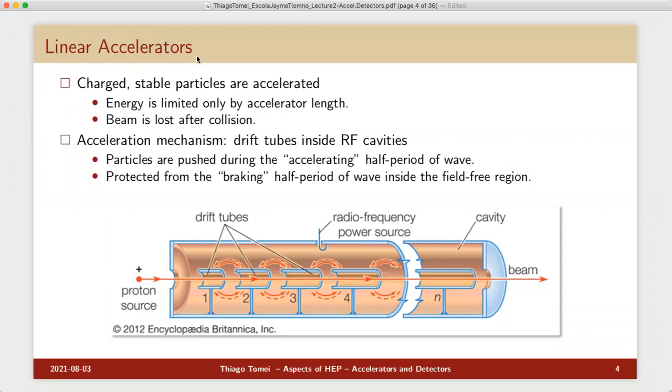Let's start with linear accelerators. The key thing is that in linear accelerators, you have these elements here called radio frequency cavities. And the idea is that you have an oscillating electromagnetic wave trapped inside here. You know how this goes.